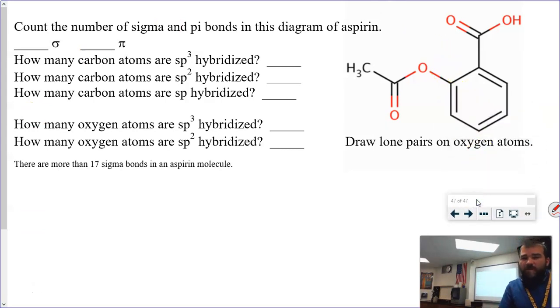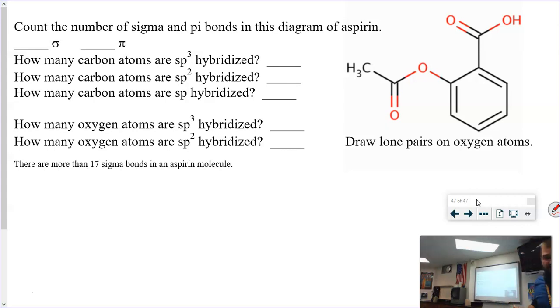In this last problem, I have a very strange looking molecule over to the right. This is aspirin, okay? Now, this isn't perfect because it's an organic chemistry way of drawing aspirin. So let me help you and draw this a little better for what we know in AP chemistry.